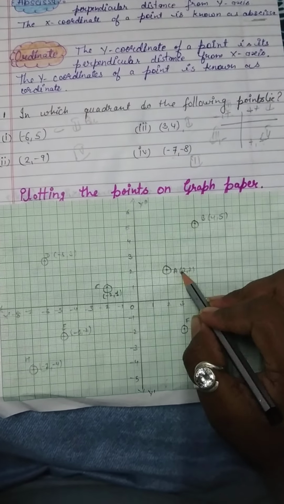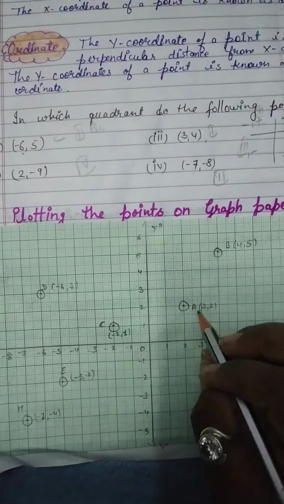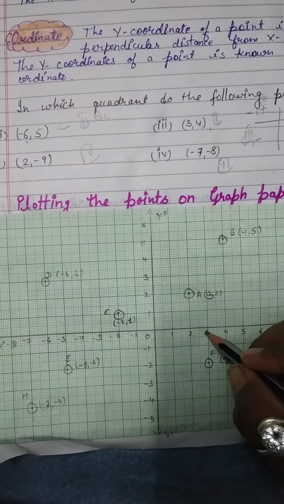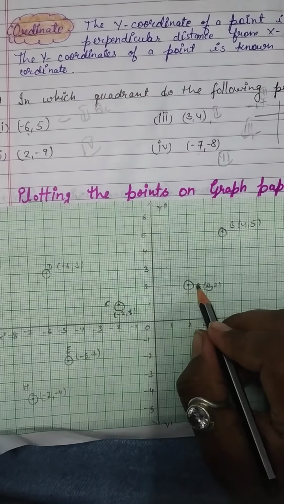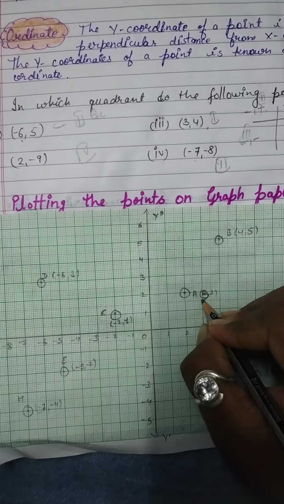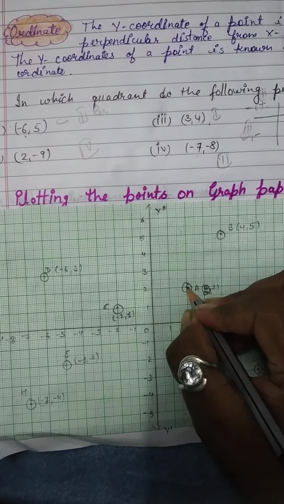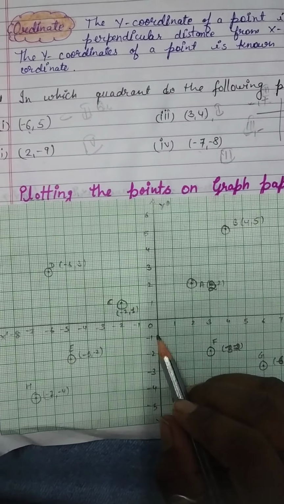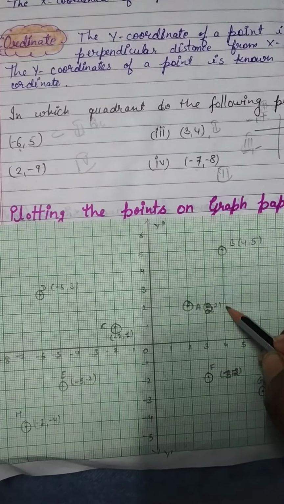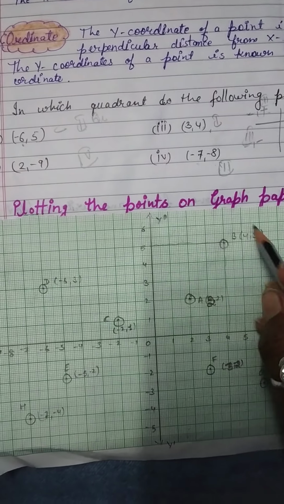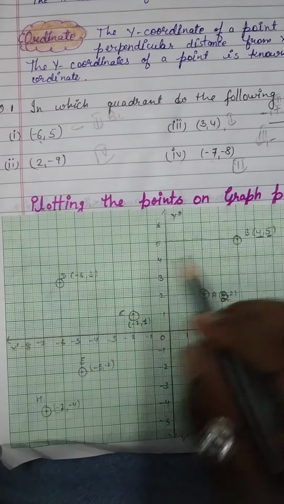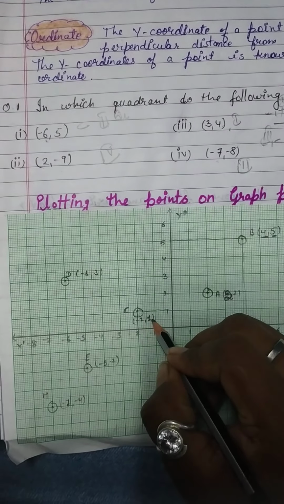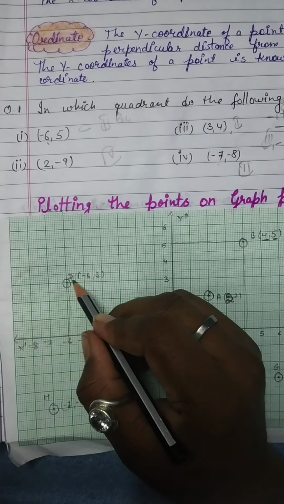Point A is (3, 2): this is 3 on the x-axis and this is 2 on the y-axis. Point B is 4 on the x-axis and 5 on the y-axis. C is (−2, 1). D is (−6, 3).